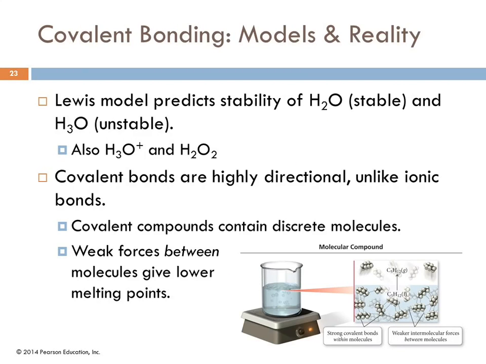So let's look at how this helps us to understand reality. So this model predicts that water is stable and that H3O is unstable. And this is true. It also predicts H3O plus and H2O2. Let's look at H3O.